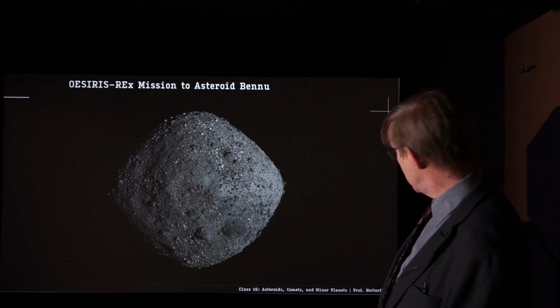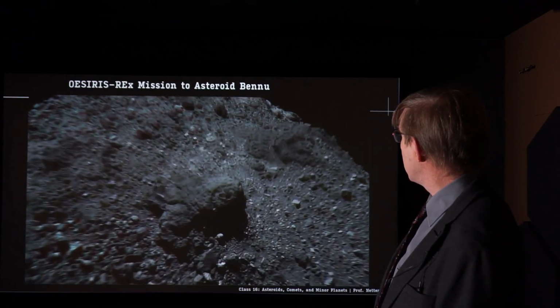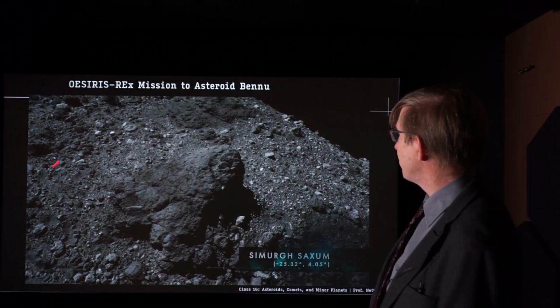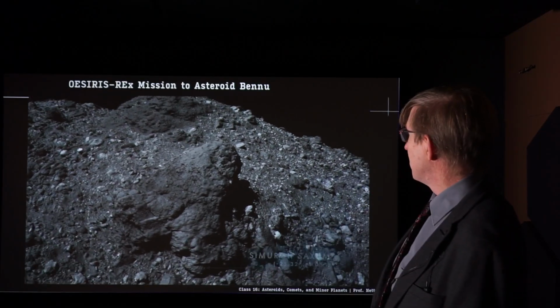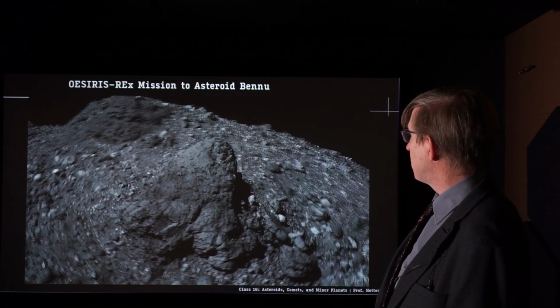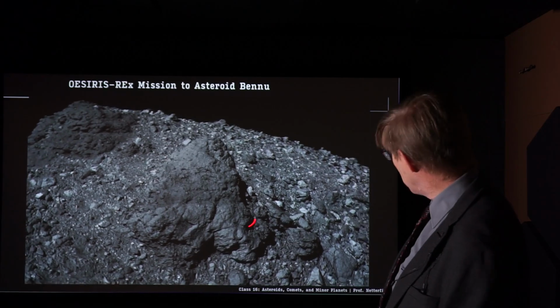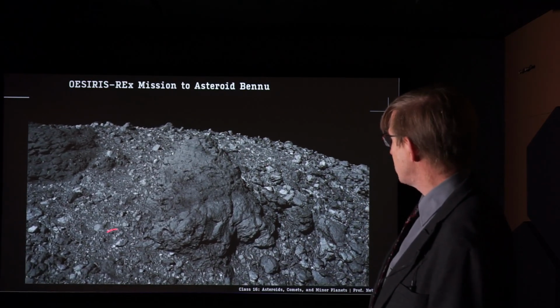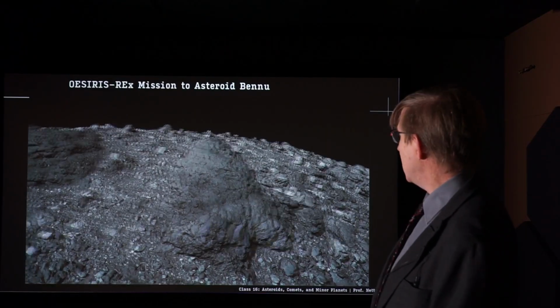It looks like this really rubbly pile of rocks. I mean, look at this thing. It's just this kind of blackish gray blob of rocks. This is a kind of big one, right? This is tens of meters across, but still, it just looks like kind of a mess.